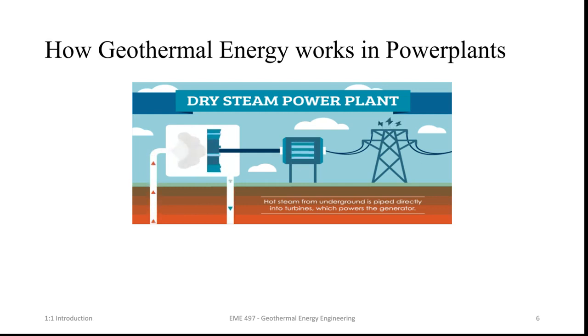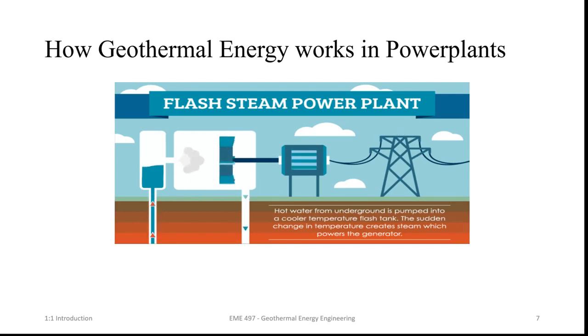Once the turbine utilizes that steam, the steam is condensed back into the reservoir, and it's just a constant cycle. So that's one of the power plants, and actually this power plant accounts for almost half of all installed geothermal plants. I don't exactly know the reason why. I guess it's maybe economically more feasible, maybe.